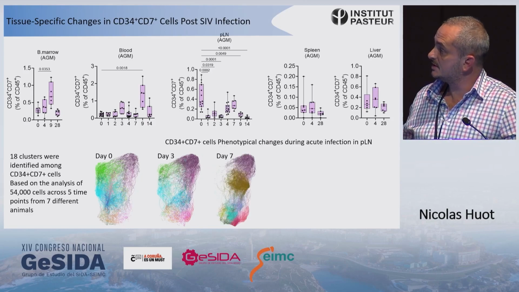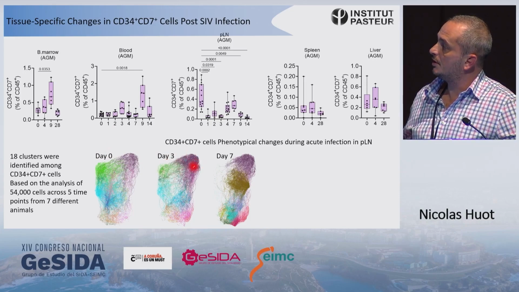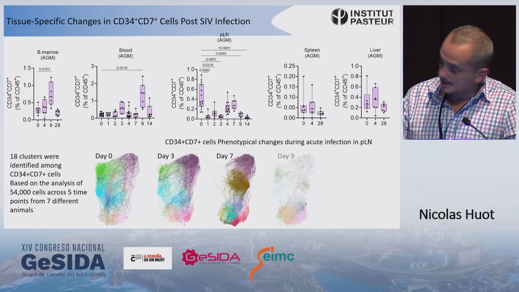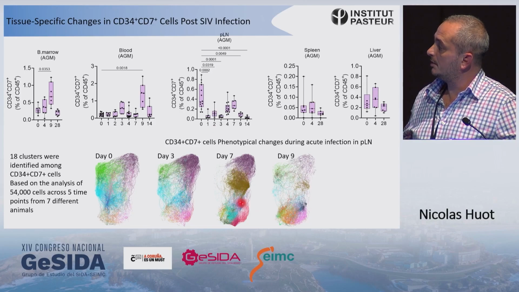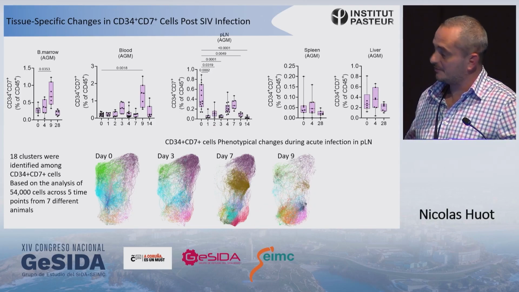You can see easily that at D0, the main population found is in green, and this population starts to disappear to see the purple population. Then at D7, we found a brown population which starts to increase. At D9, the brown population migrates to become multiple, I would say, color populations with different phenotypes.